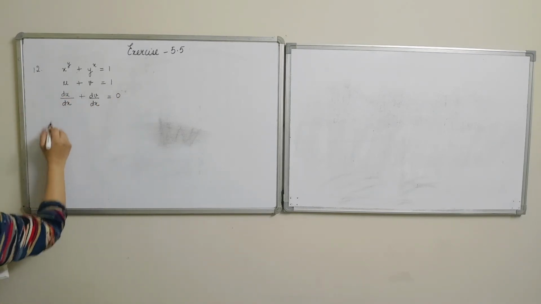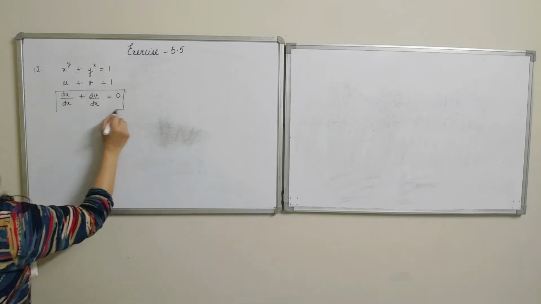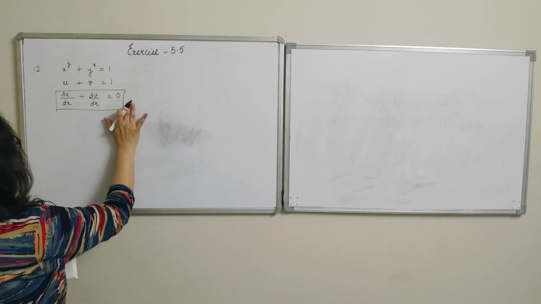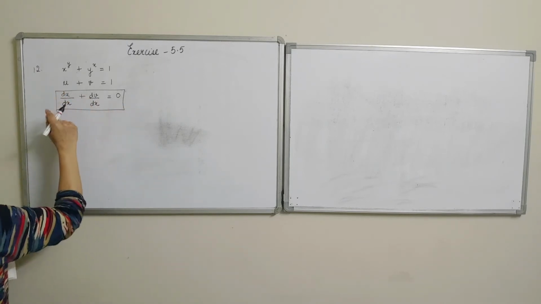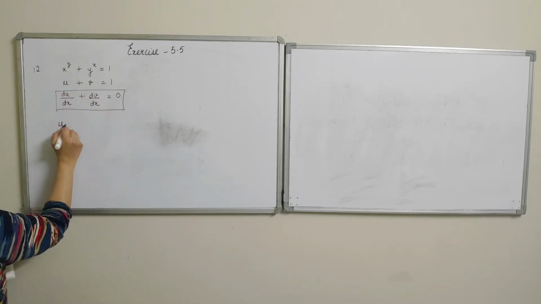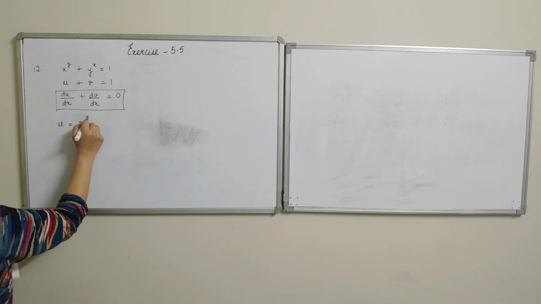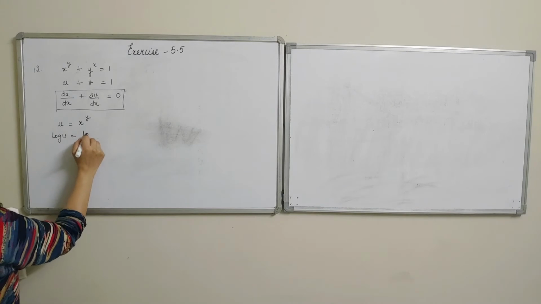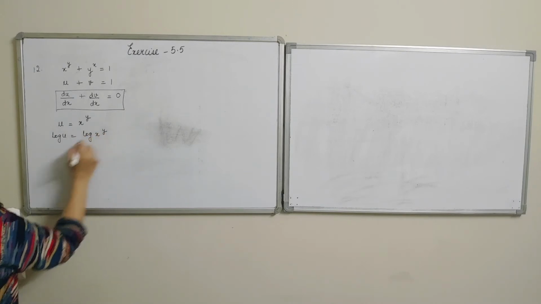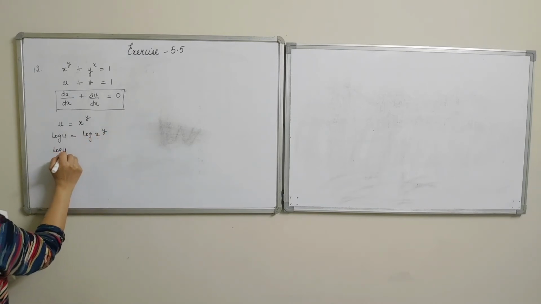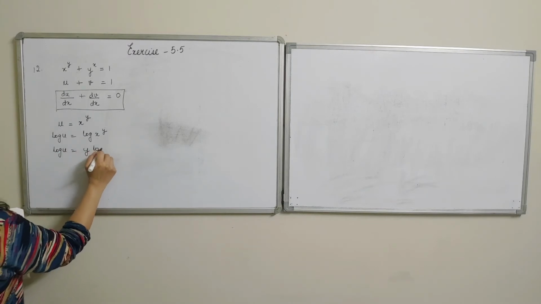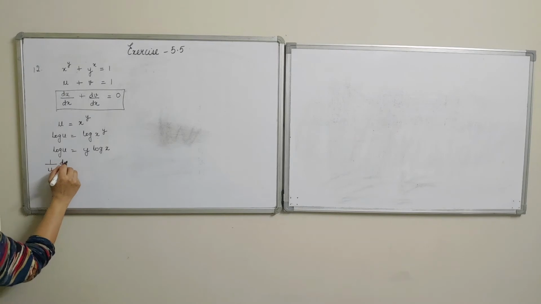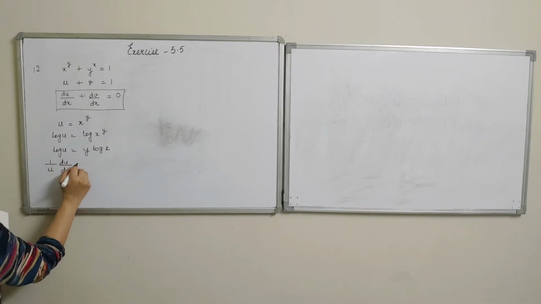So let's find out du by dx. This is what we are going to substitute. Now dy by dx has not come into the picture as yet, so we'll see how it comes into the picture. Let's start with u. U is x to the power y. Taking log on both sides and using properties of log, we have y log x. Differentiate with respect to x.